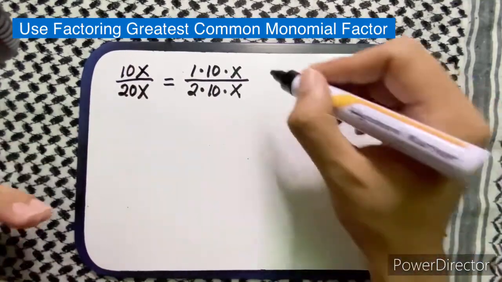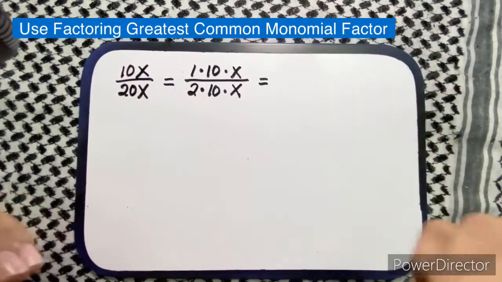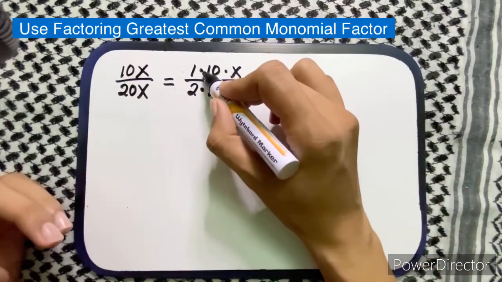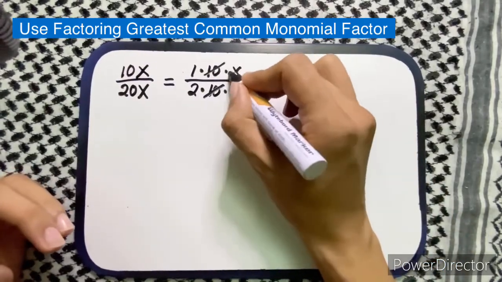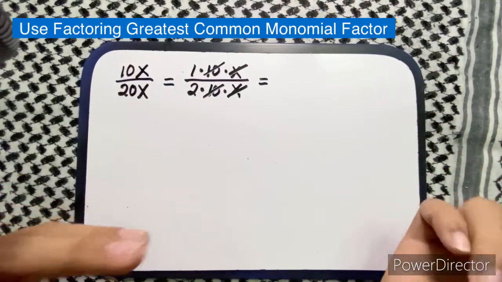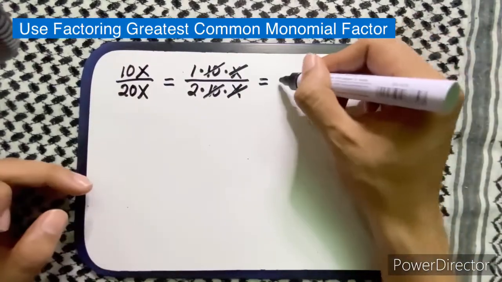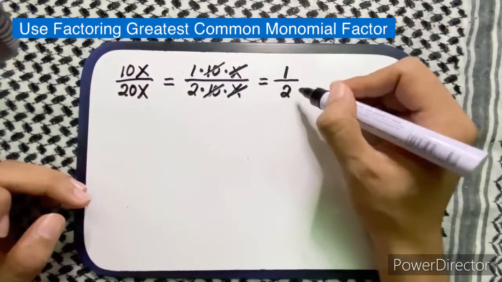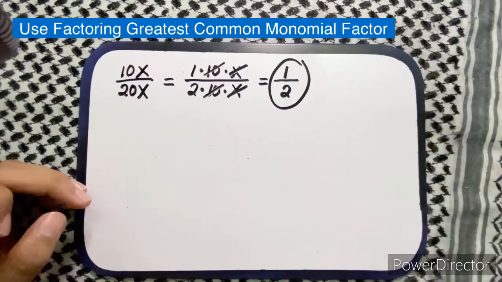So what you need to do is divide or just cancel the common factor. Here the common factor is 10, then x. Then the remaining factors, you will copy. In the numerator we have 1 and the denominator is 2. So this is the simplified form.